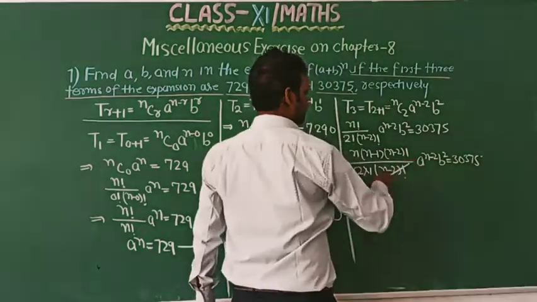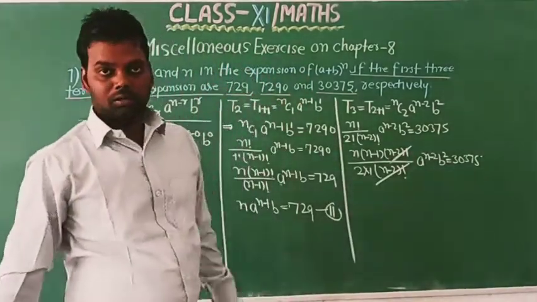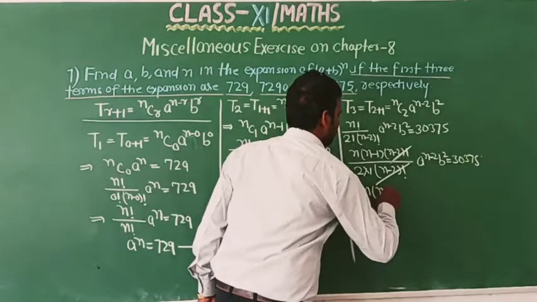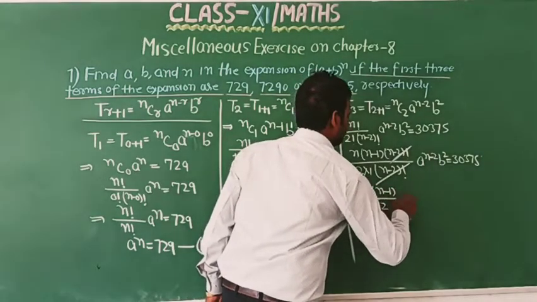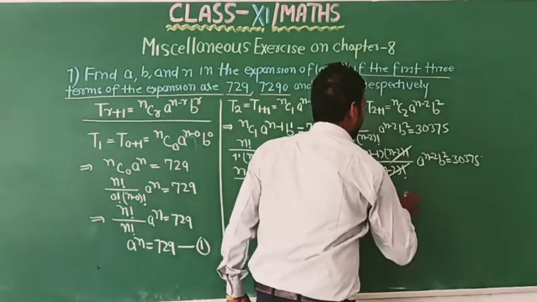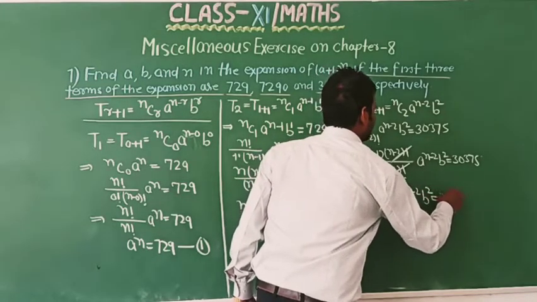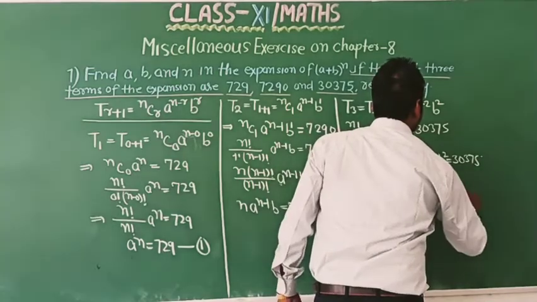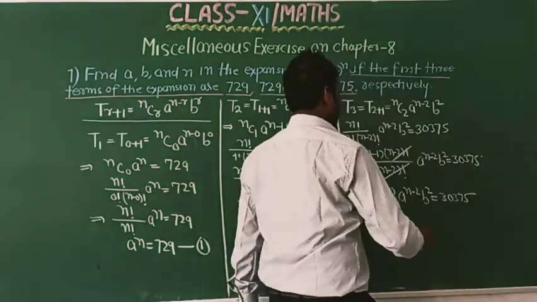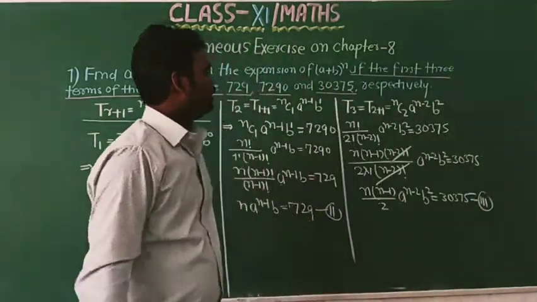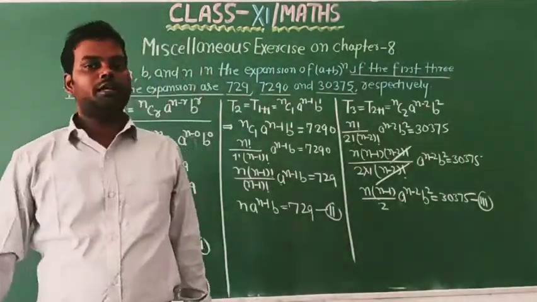So the (n minus 2) factorials cancel out, and n(n minus 1) by 2 into a to the power n minus 2, b to the power 2 is equal to 30375. Say this is equation number 3.